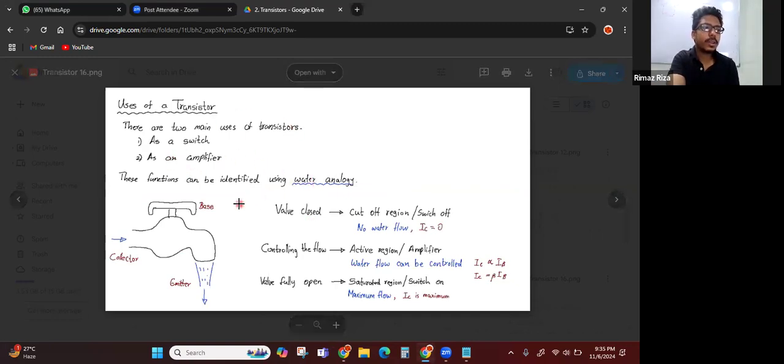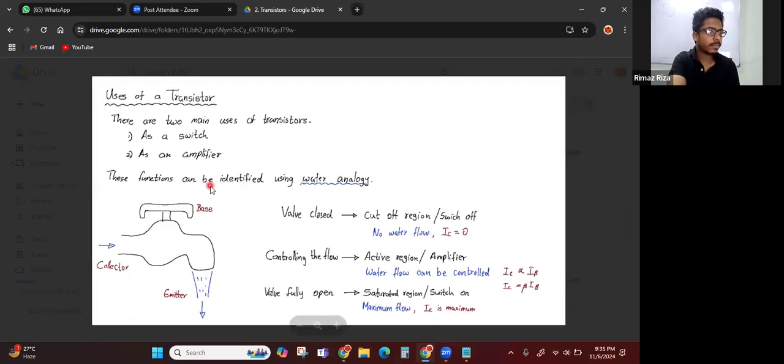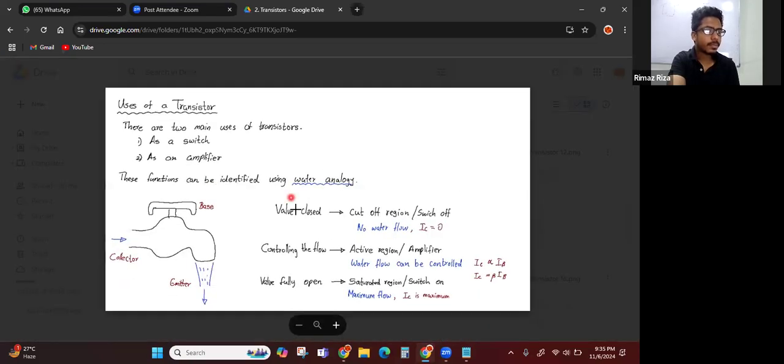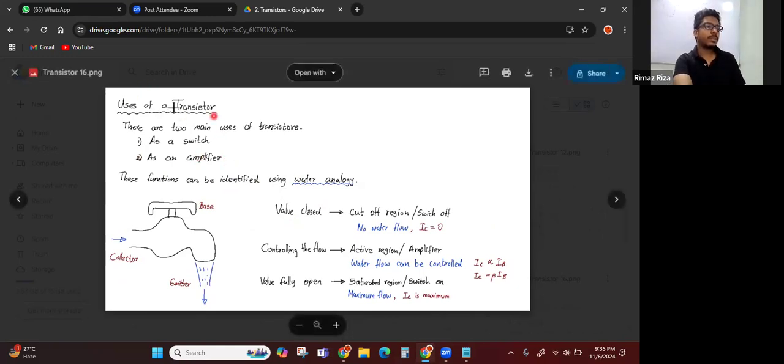Okay, so use of a transistor. We are going to discuss two applications, one as a switch, one as an amplifier. There are two main uses of transistor. One is as a switch, the other one is as a signal amplifier. So write down this part.